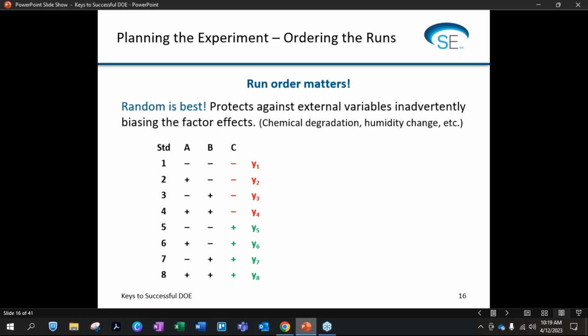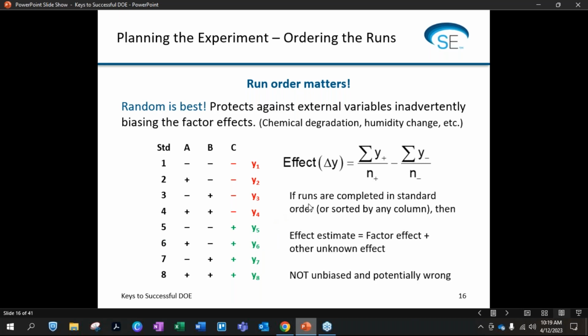Now, when we go to calculate our effects, our effect calculations are done by averaging the response data that we get when factor C is set high, and averaging the response values that we get when factor C is set low, and then we take the difference between those.